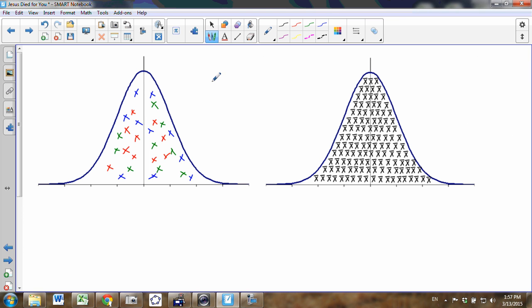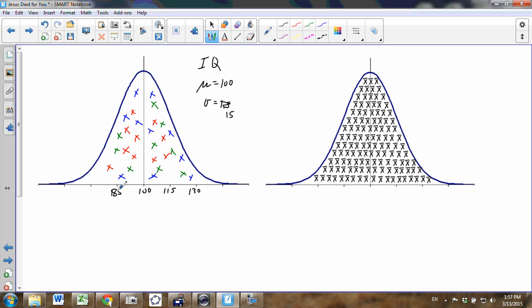and let's suppose we're talking about IQ, which has approximately, I'm just going to roughly say, the mean is 100, and the standard deviation is approximately 15. Okay, so an IQ of 100 will be right here, and each of these notches is one standard deviation.